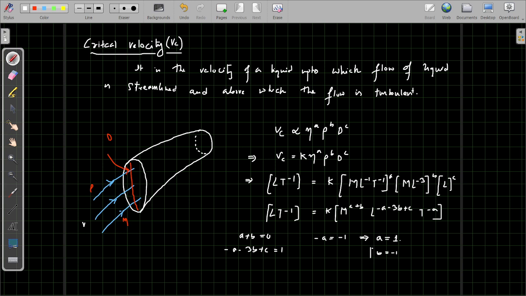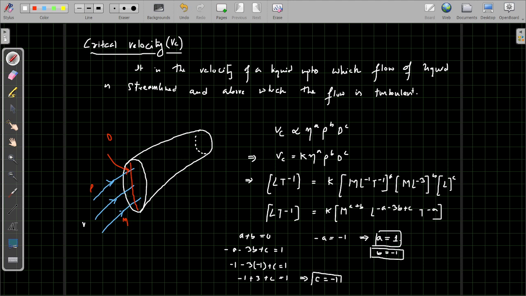Putting it in the second equation, A is 1 and B is minus 1, so minus 1 plus 3 plus C equals 1. This gives 2 plus C equals 1, so C is going to be minus 1.